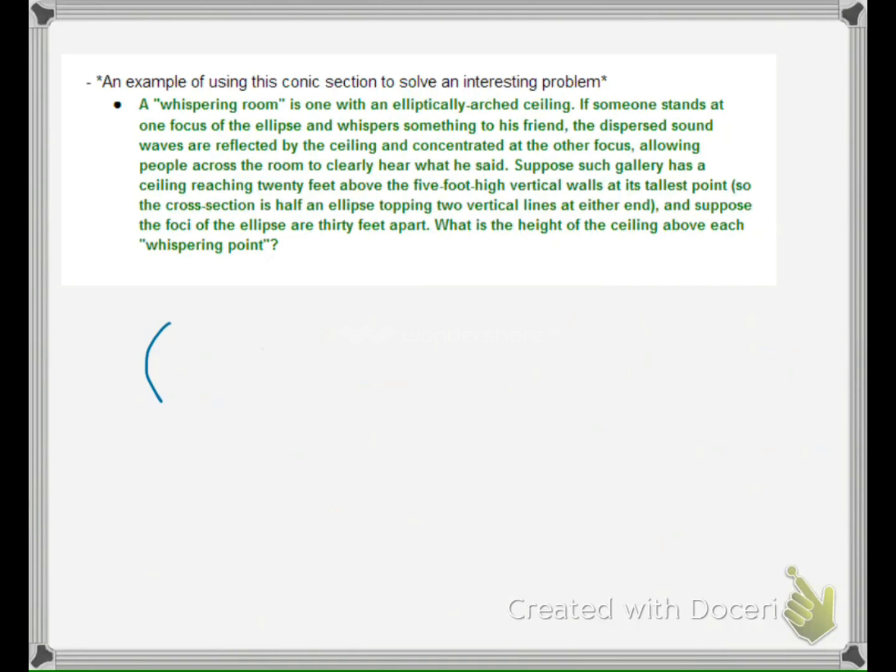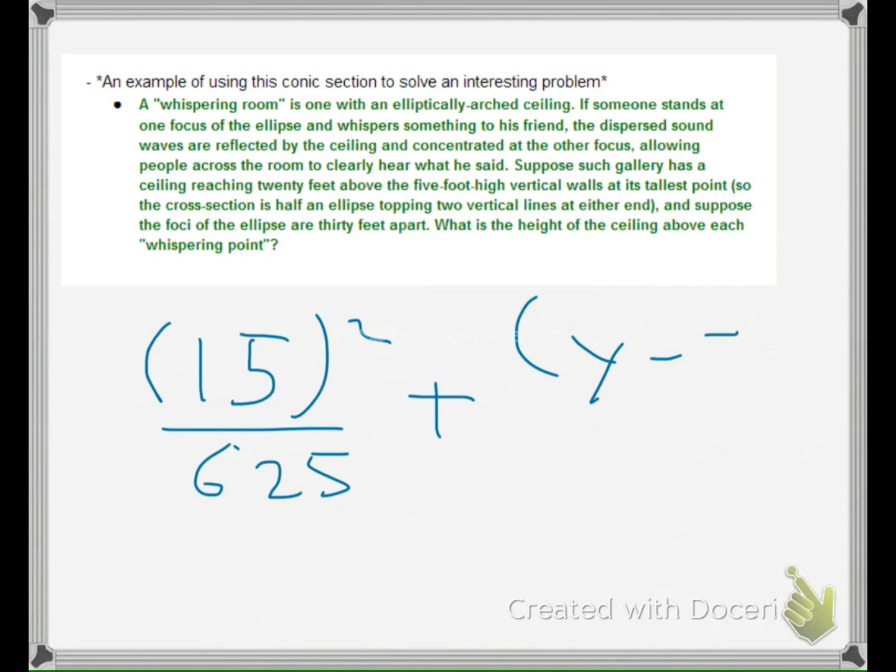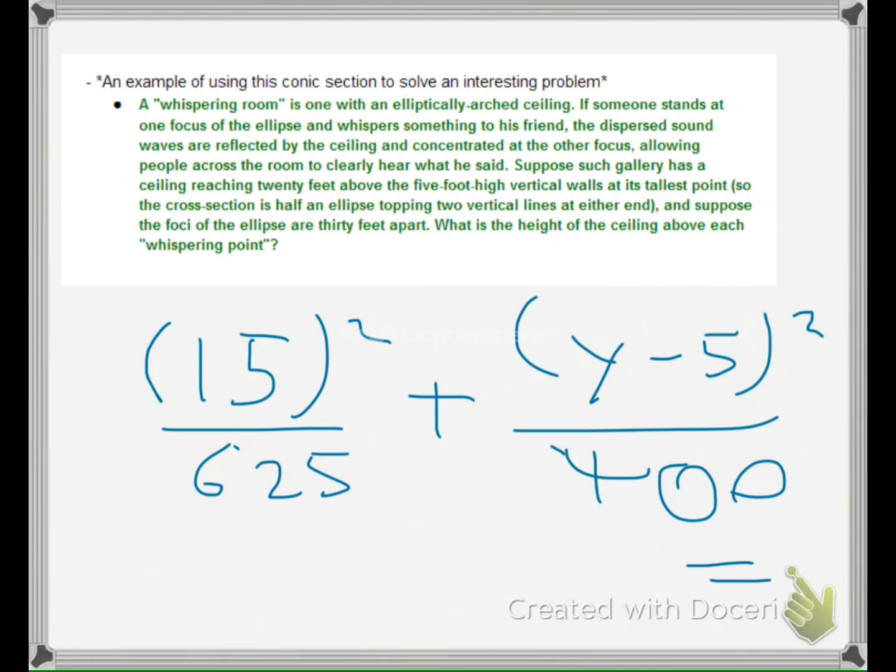So we'll write 15 squared over 625 plus y minus 5 squared over 400 equals 1. So we set our equation. The numbers are all from our question, the 15 and the 625, which is our a squared value. So now we just solve this equation.